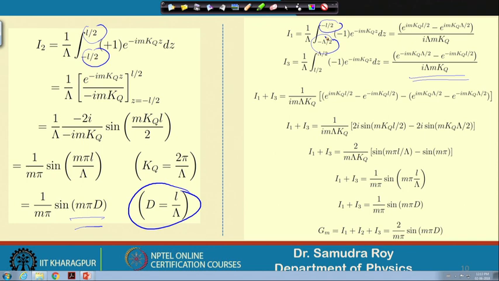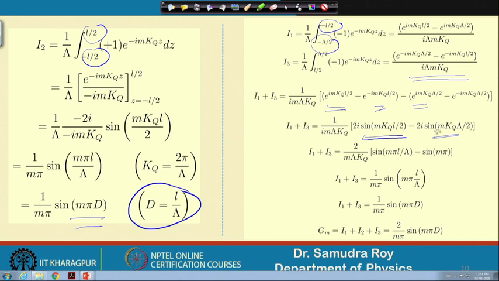So, that is why the limit is different, and since the limit is different, we are not going to get the sine term directly. So, what we will get, if I now add these two things, then one term here and one term here, one term here and another term here can be considered from these two, and when we consider these two terms, we will find two terms like sine and sine. For one the argument is m k_q L divided by 2, in the other case the argument is m k_q lambda by 2.